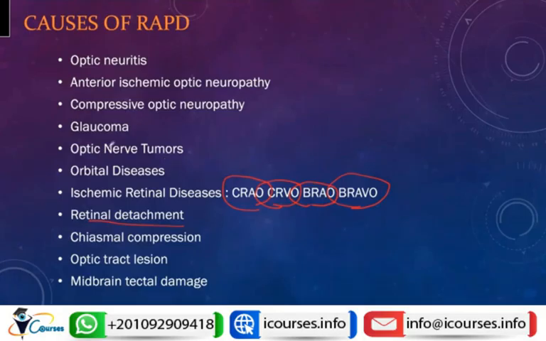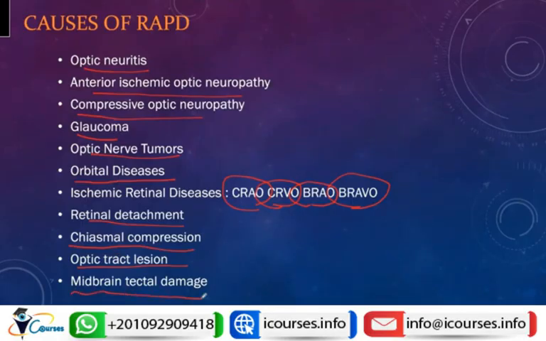Or optic nerve lesions like glaucoma, compression of the optic nerve, ischemia of the optic nerve, optic neuritis, tumors of the optic nerve, or compression of the optic nerve from an orbital disease such as thyroid eye disease. Or a chiasmal lesion such as chiasmal compression, or an optic tract lesion like a tumor compressing the optic tract, or finally midbrain tectal damage.